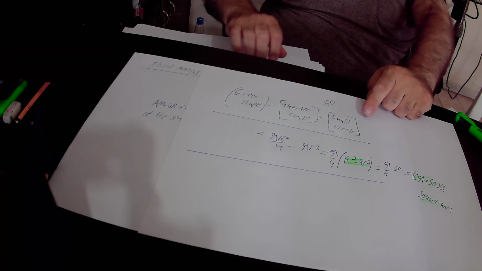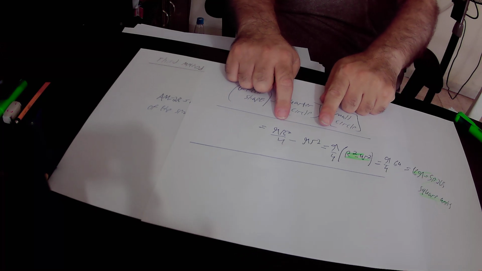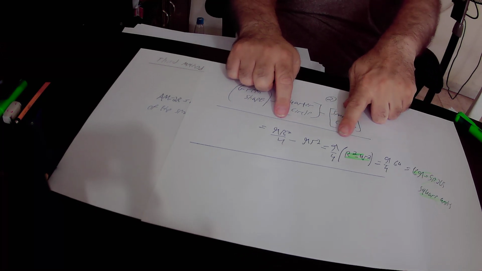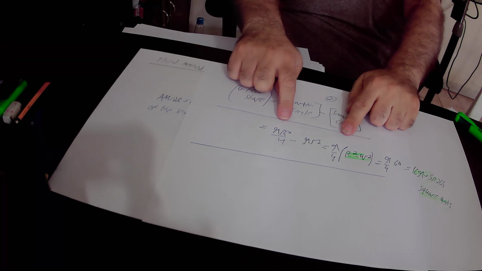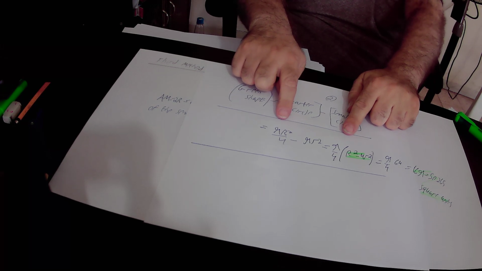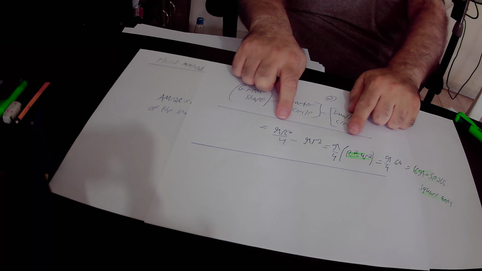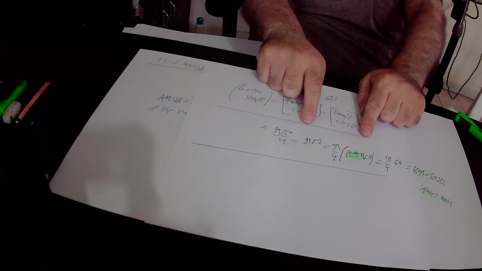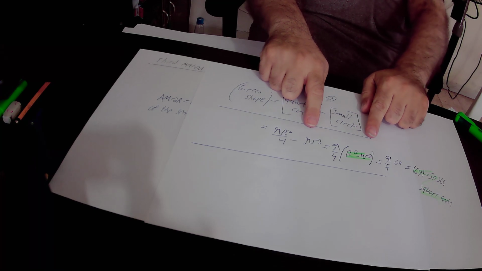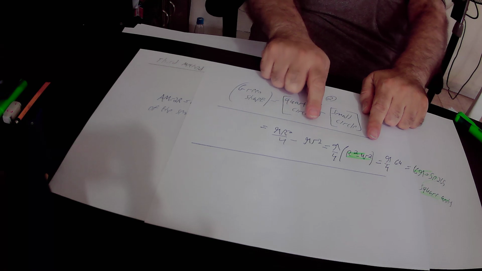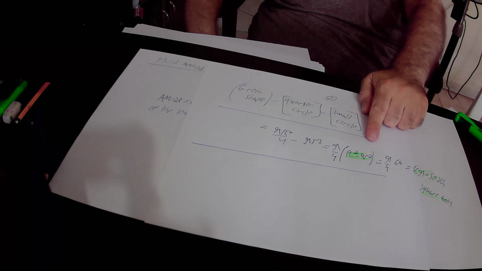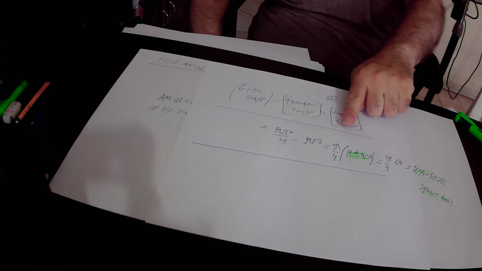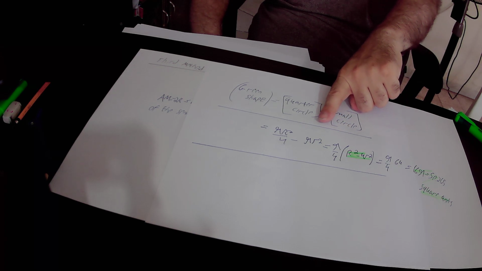Here we took pi over 4 as a common factor out of these two expressions. What is left from pi R squared over 4 is actually R squared. And what is left from minus pi r squared is actually minus 4r squared, because minus 4r squared times pi over 4 equals exactly minus pi r squared.